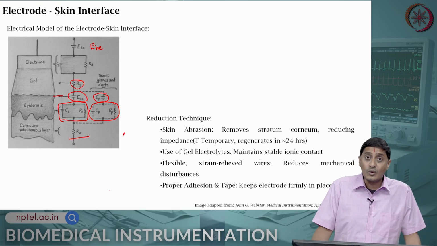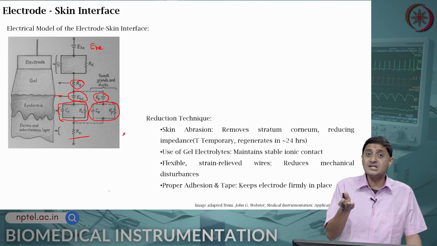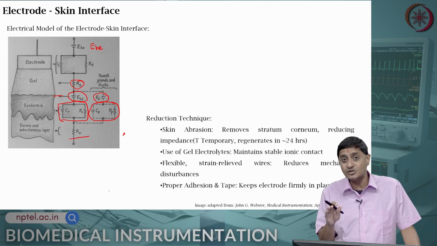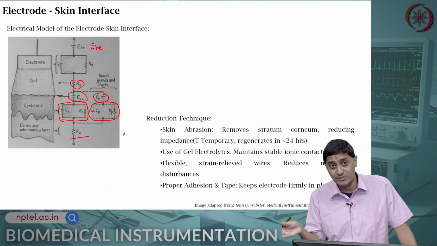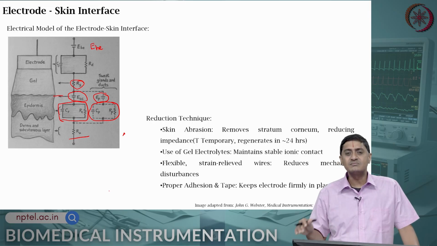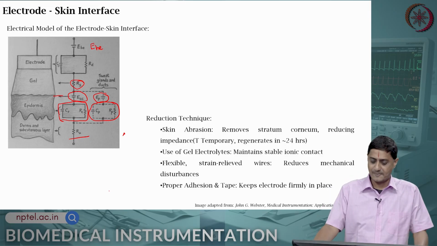So then what do you do? The new stratum corneum has formed, increasing the impedance, which means you will need to remove the electrode for a few minutes, abrade again and then apply the electrode again. That is the solution practically.